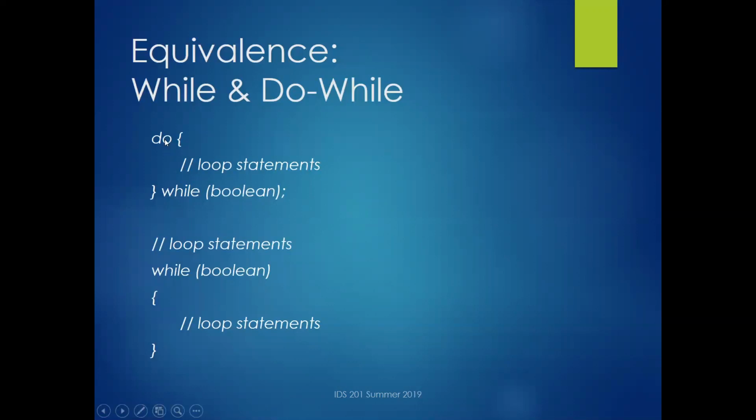Because that's all this is. We execute the loop statements, and then we do the test condition to see if we repeat. Well, that's exactly the same as this: doing the loop statements once, then testing the test condition, and as long as that test condition is true, we keep repeating the loop. So any do while loop can be converted to a while loop. While loops, well, it's not always easy to go the other way.